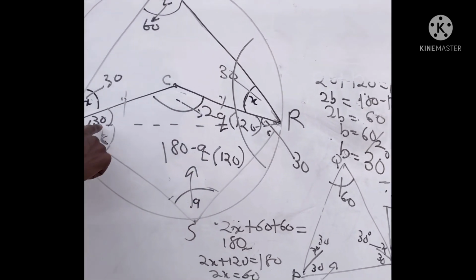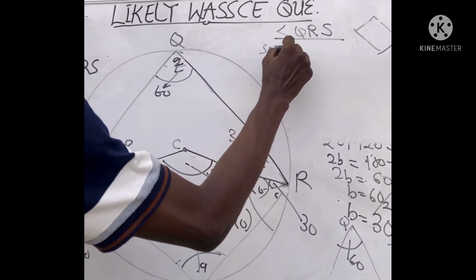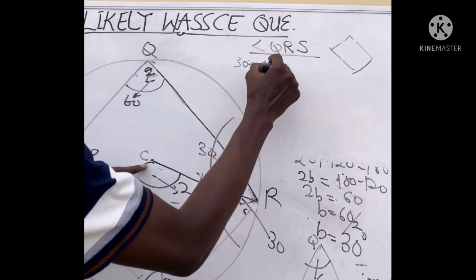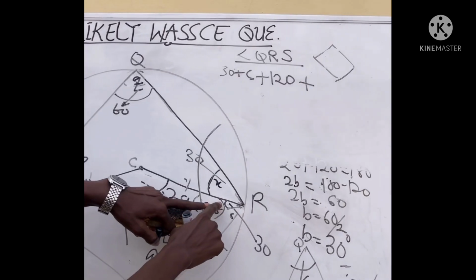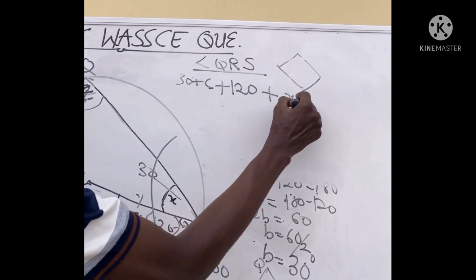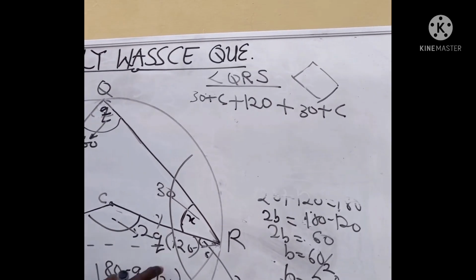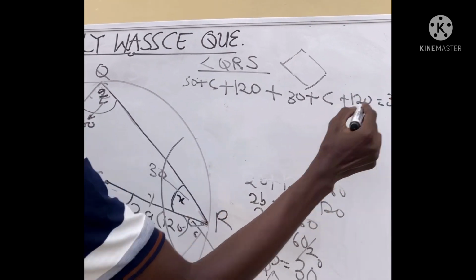We know that here is 30, here is C. So 30 plus C. We know that here is 120 plus 120. We know that here is 30 and C. So 30 plus C. And we know that here is equal to here. So here too is 120. All should equal 360.